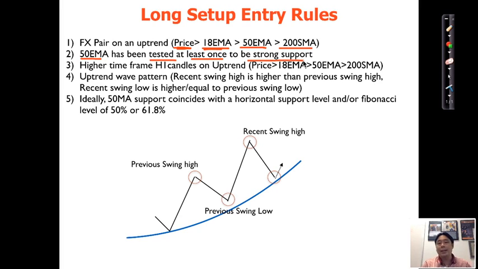So we want to see that in recent price history, the 50 EMA has been tested before. In this case, you can see the price is coming down like so and hitting that blue line. That blue line is the 50 moving average, the 50 EMA, okay? The moment it reaches the 50, I'm going to do an immediate buy at this point.